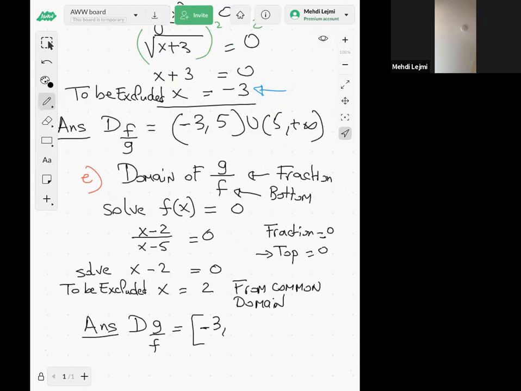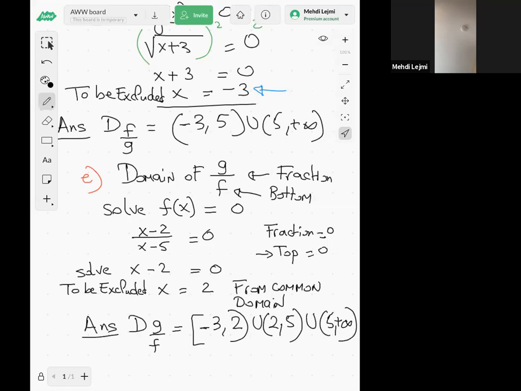Then 2 must be excluded, union 2 excluded, 5 again excluded, union with 5, and then positive infinity. All right. So I had to exclude the 2 from the common domain. Again, I didn't compute f over g or g over f or anything, right? I just find the common domain, and then in case of a fraction, g over f or f over g, you have to solve the denominator equal to 0 too.